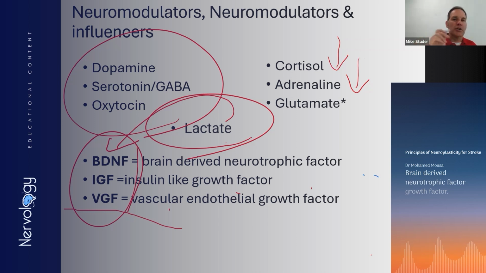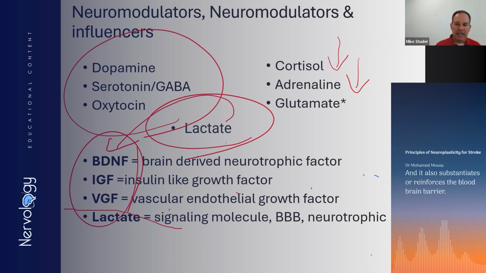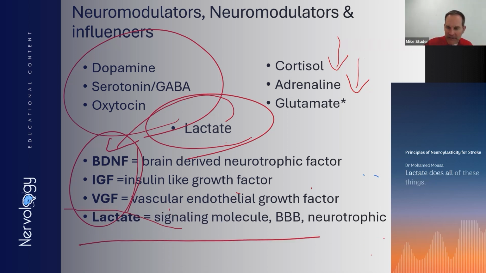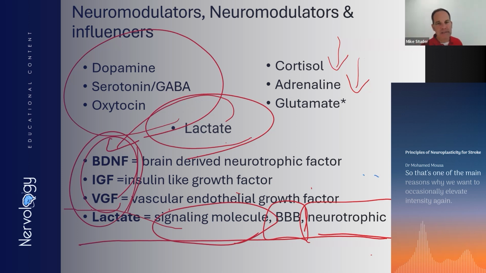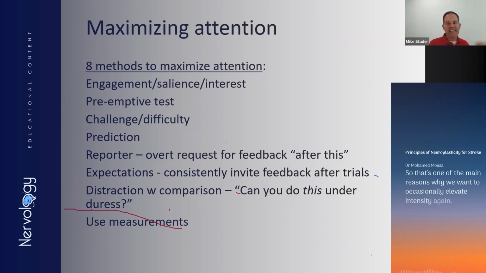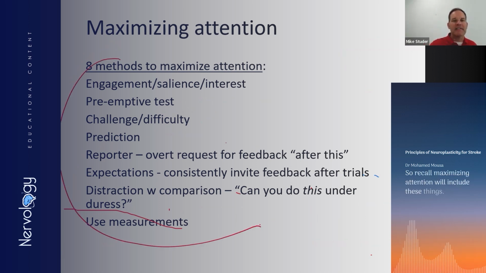Brain-derived neurotrophic factor, growth factor, and it also substantiates or reinforces the blood-brain barrier. Lactate does all of these things. Blood-brain barrier feeds nerves and a signaling molecule to cause these to be released. So that's one of the main reasons why we want to occasionally elevate intensity again. So recall, maximizing attention will include these things.